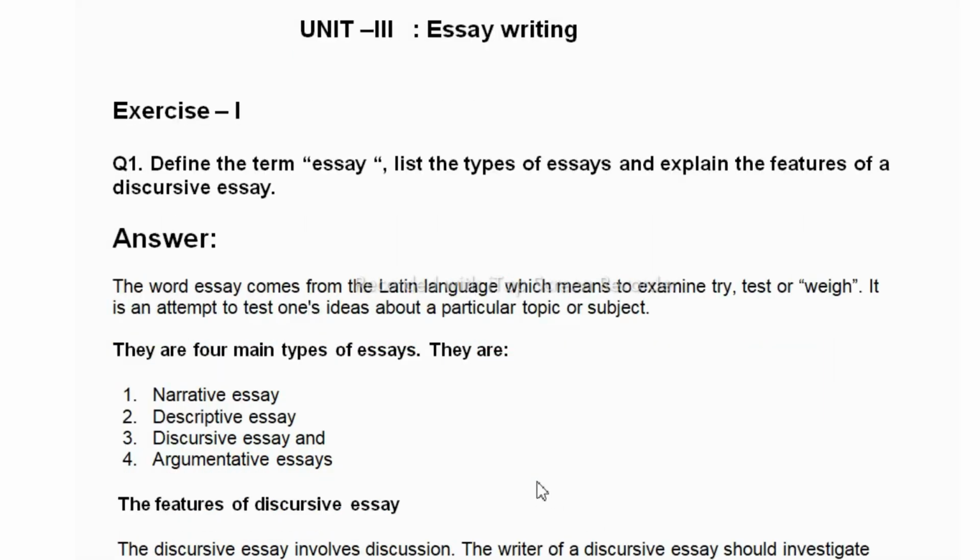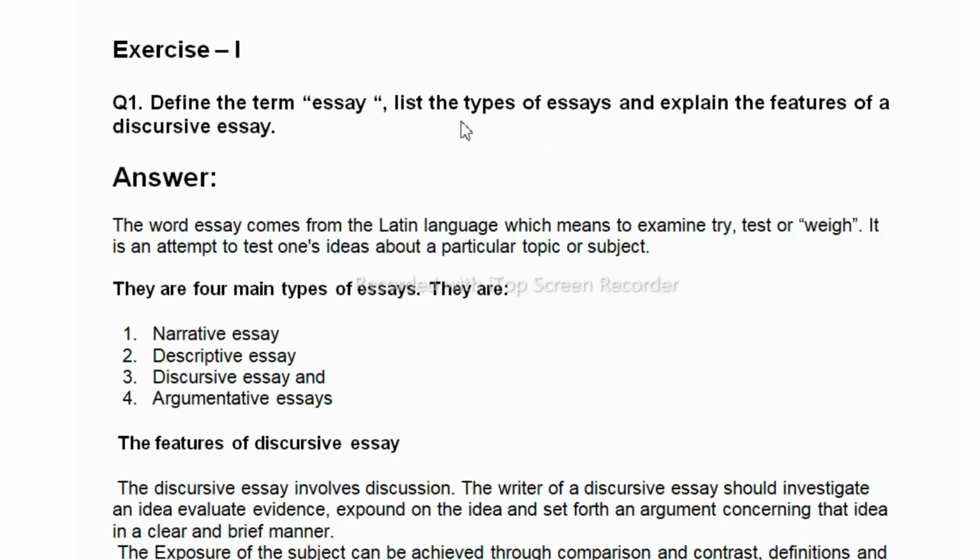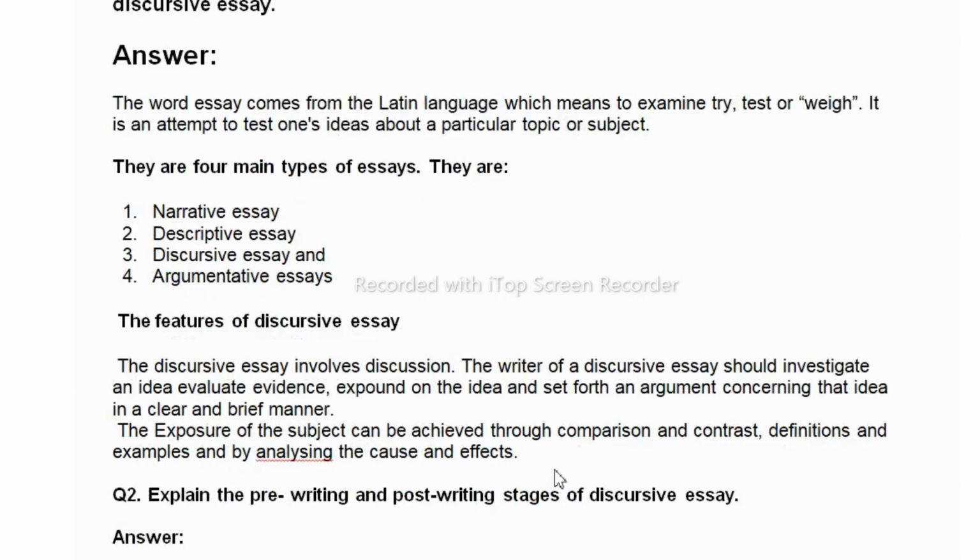Now let's see the features of this discursive essay, because here they ask to list the types of essay and explain the features of discursive essay. These features, with very simple features, you can write this, or in the last video we have discussed in detail, that also you can write. So here are the features of discursive essay. The discursive essay involves discussion. The writer of a discursive essay should investigate an idea, evaluate evidence, expound on the idea, and set forth an argument concerning that idea in a clear and brief manner.